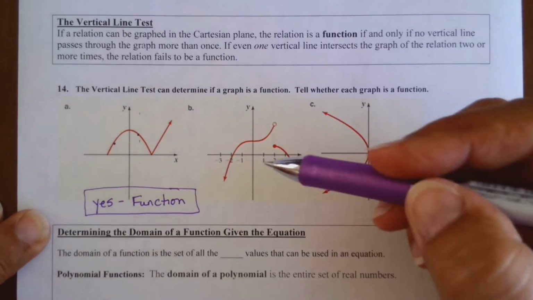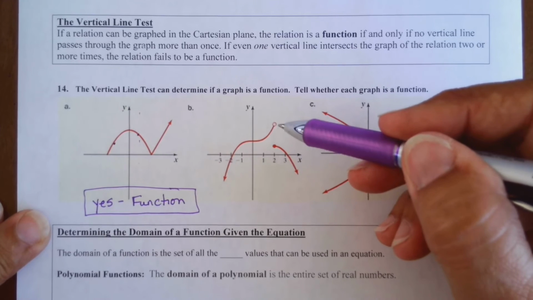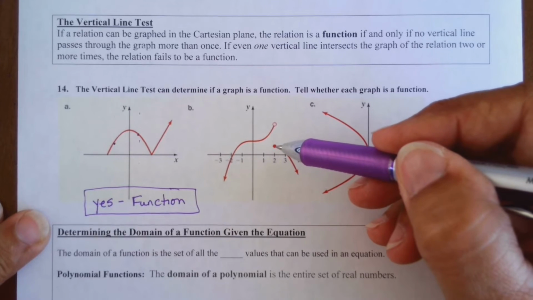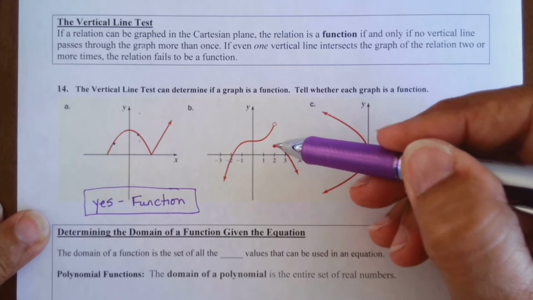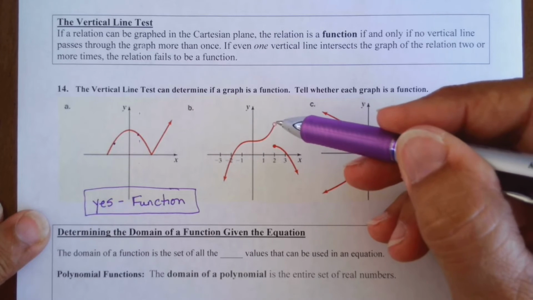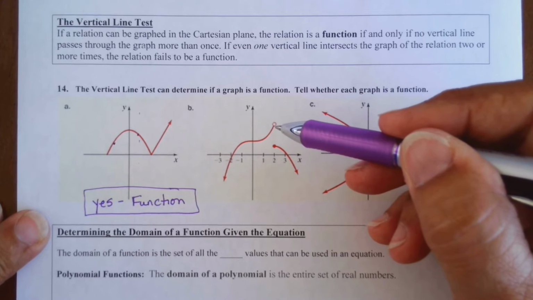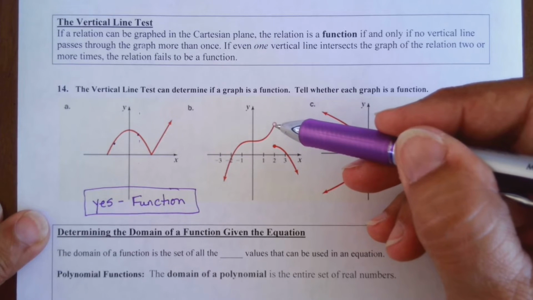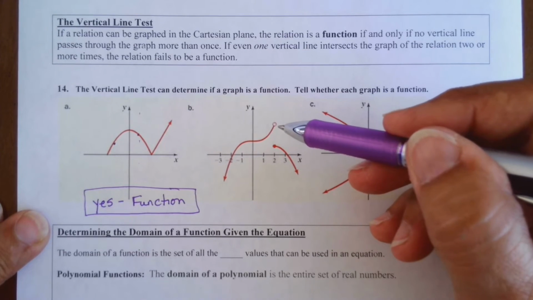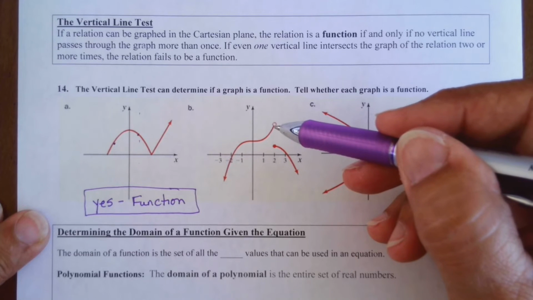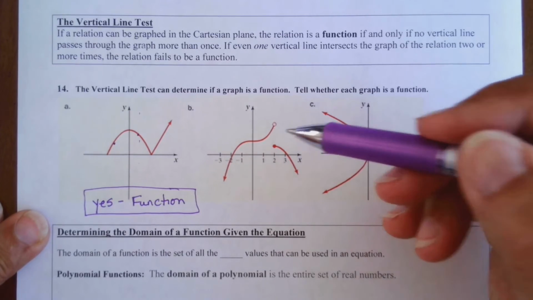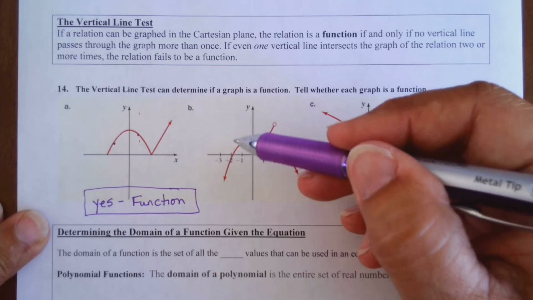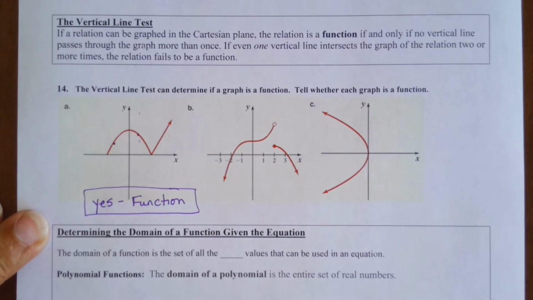All right. Now before we do this one, let's remember what this means. Okay, when you have a solid closed-in circle, that means you're including that point. But when you have an open circle on a graph, that means you're not including that point. So this is not a point on the graph. The point starts right before the number 2, right there. Okay, so when you do the vertical line test, you're crossing the graph only once.